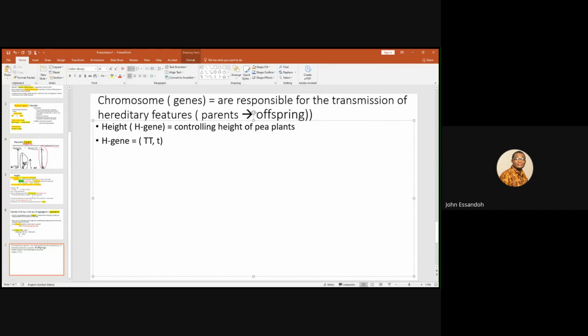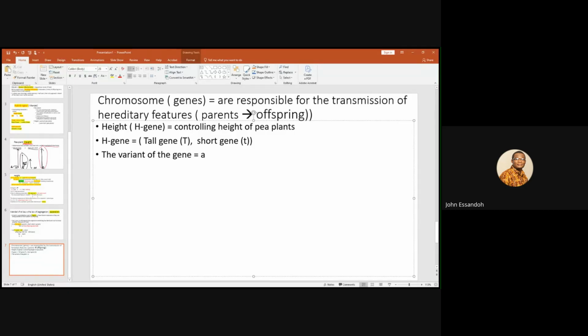Okay, the tall one. So the tall gene, which is this, and then the short gene, which is this. Now, this variant of the gene is called what?